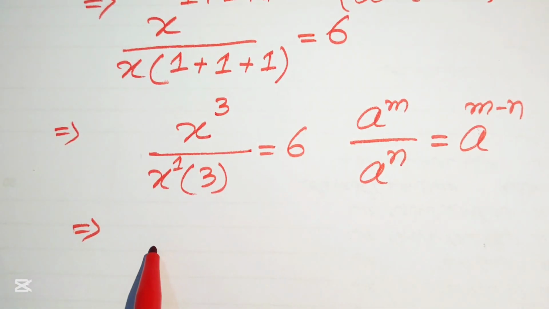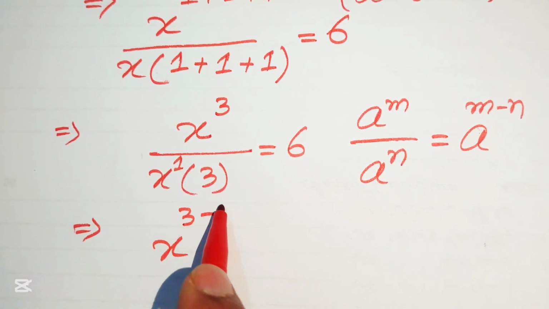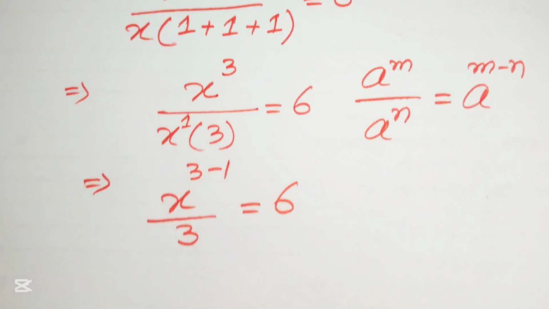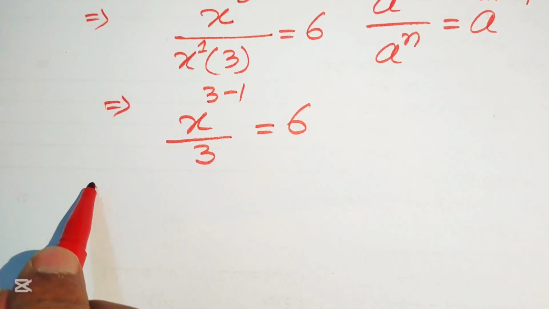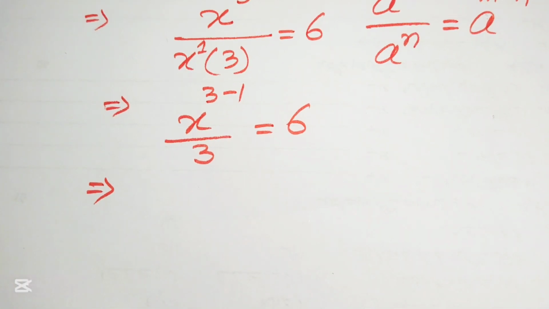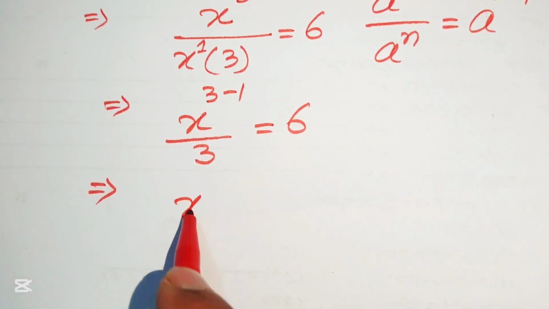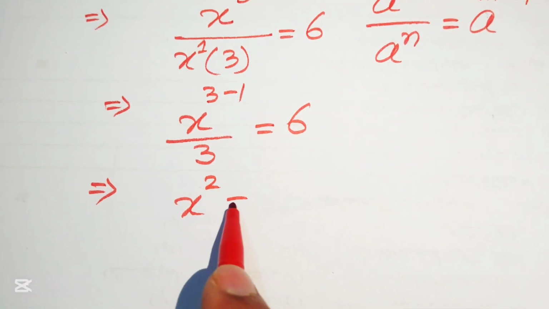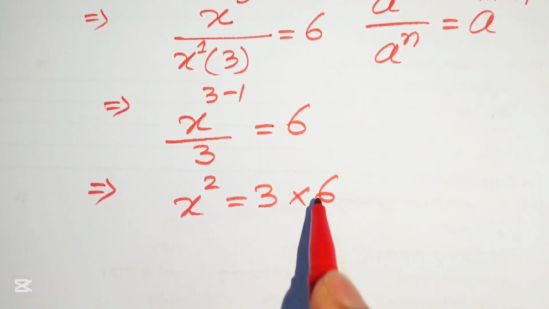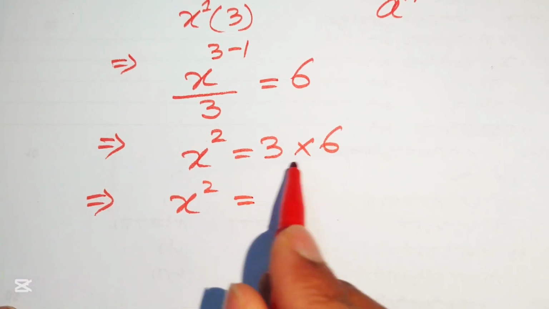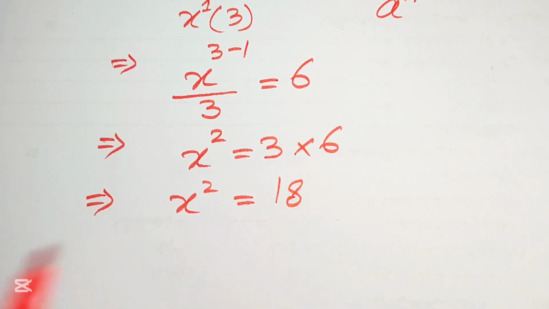So we write it as x to the power of 3 minus 1 divided by 3 equals 6. Now we move this 3 to the right hand side, and it will be written as x square equals 3 multiplied by 6, and here we get x square equals 18.